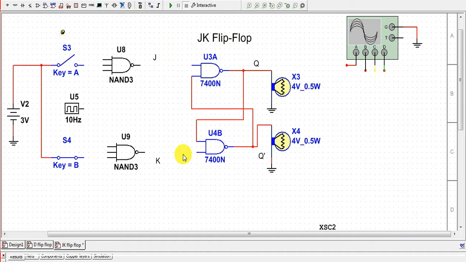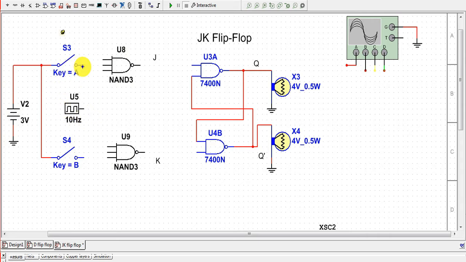First of all we will take an RS flip-flop. This is the basic configuration of an RS flip-flop using NAND gates. Now we will make a JK flip-flop. For that we take 3-input NAND gates, and first of all a 3 volt DC power source whose positive terminal is connected to key A as well as key B, and we also take a pulse generator.